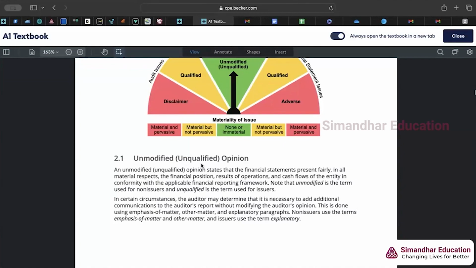When we are giving this kind of opinion, we are saying that the financial statements are fairly presented for the financial position, for cash flows, and the results of operations. It is fairly presented in all material respects.